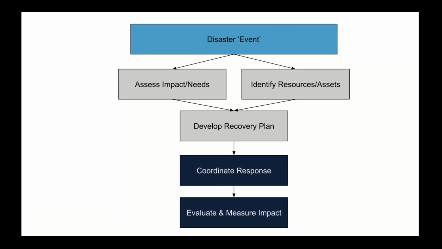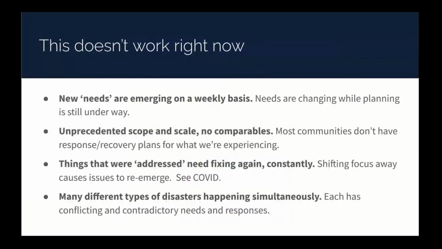Moving forward and recognizing the world is very different, and this doesn't work because things are changing weekly. We talked a lot about unprecedented scope and scale, no comparables. One of the things that has been, I think, frustrating for a lot of folks is things that were quote unquote fixed a month ago need fixing again.